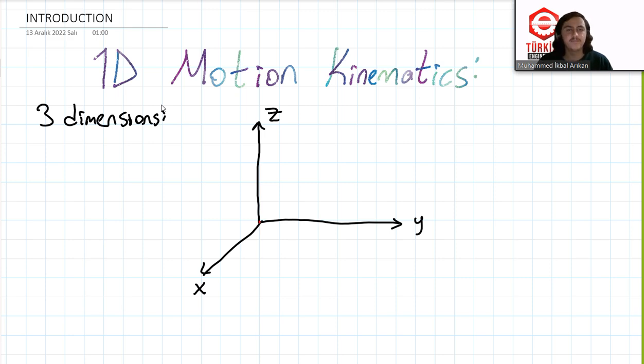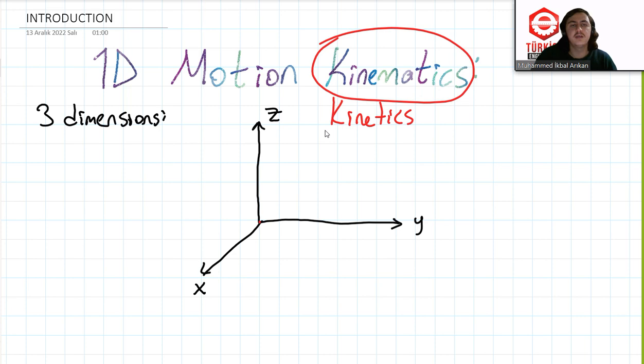And what about kinematics? This is just a term in physics. Motion can be studied in two parts. We have kinetics and kinematics. Kinematics is studying motion without considering the causes.